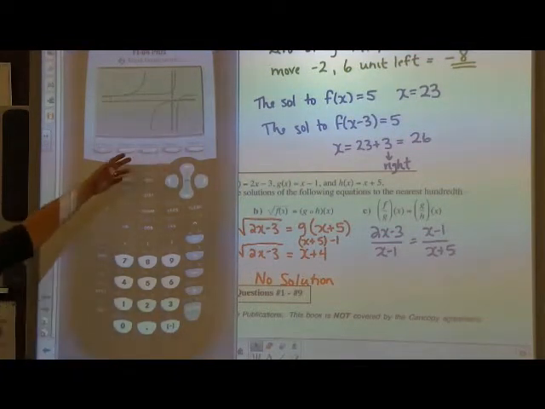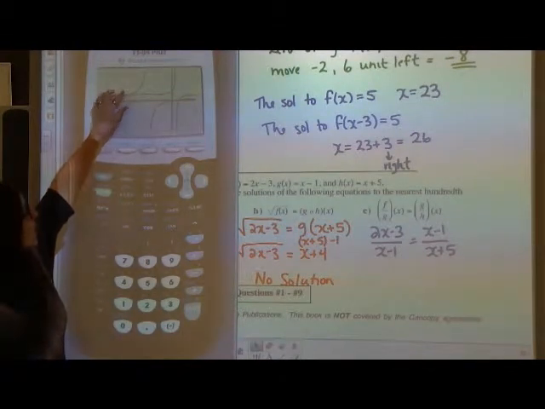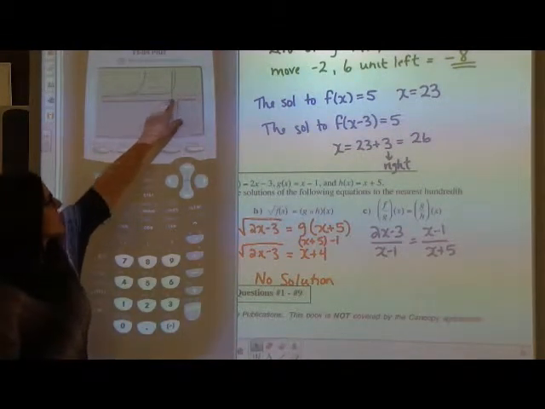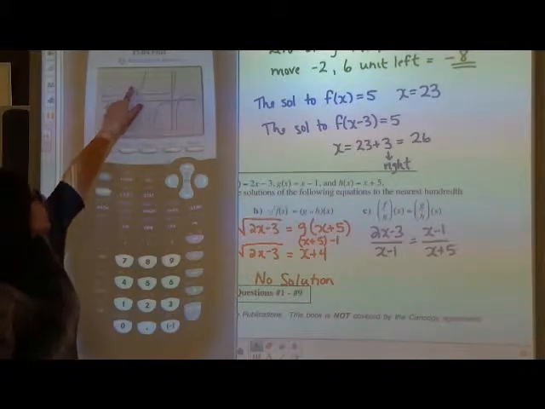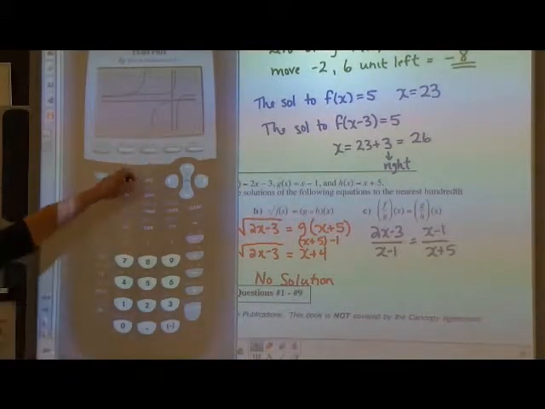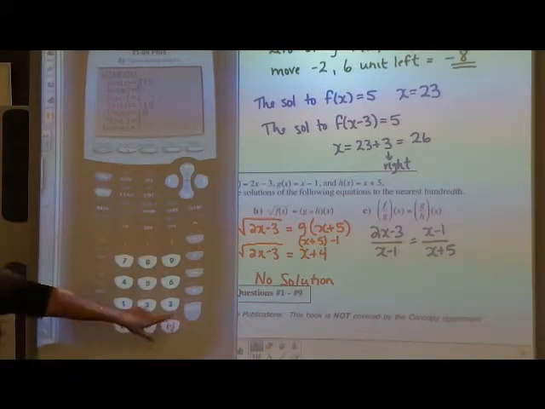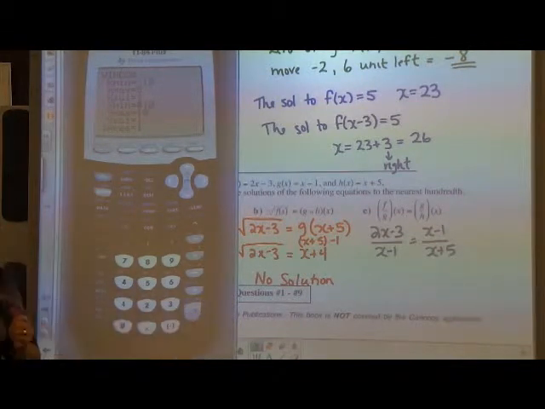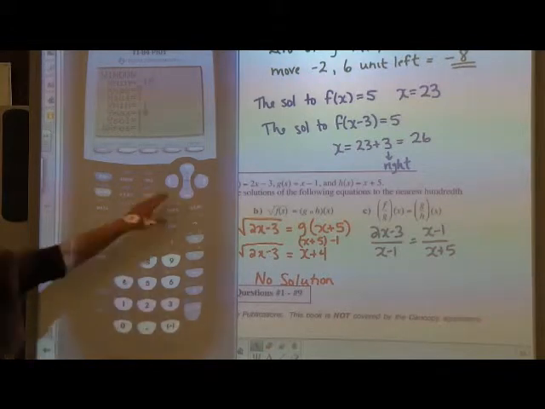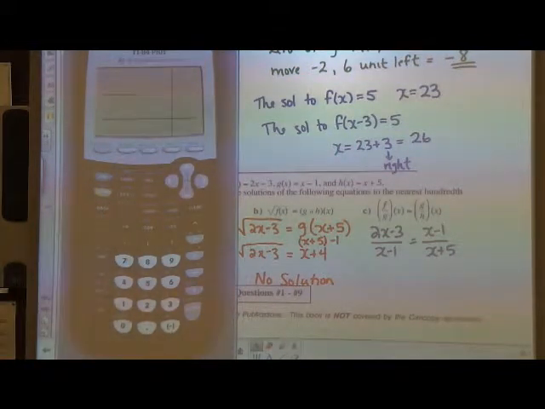I could then adjust my window settings because it looks like the intercept here almost looks like it's at 0, and this one right here looks like it's at about 3. So I could even change my Y values instead of going from -10 to 10, going from -1 to 4, which could then open things up a little bit more.